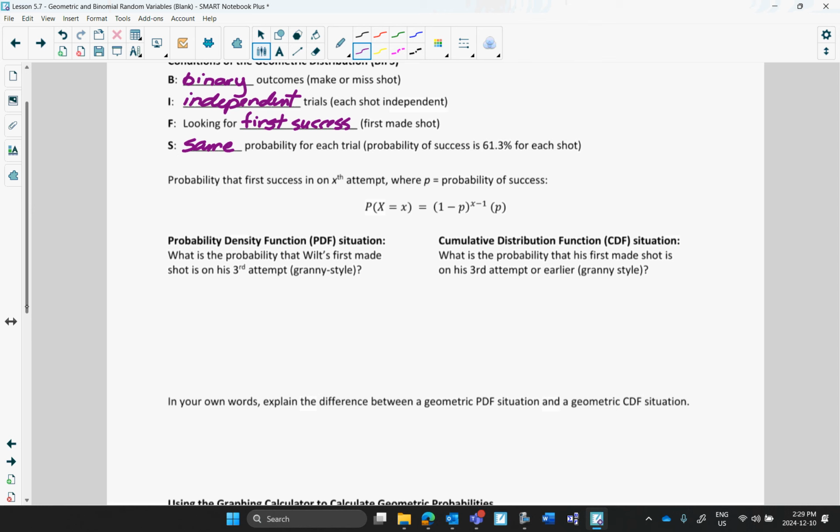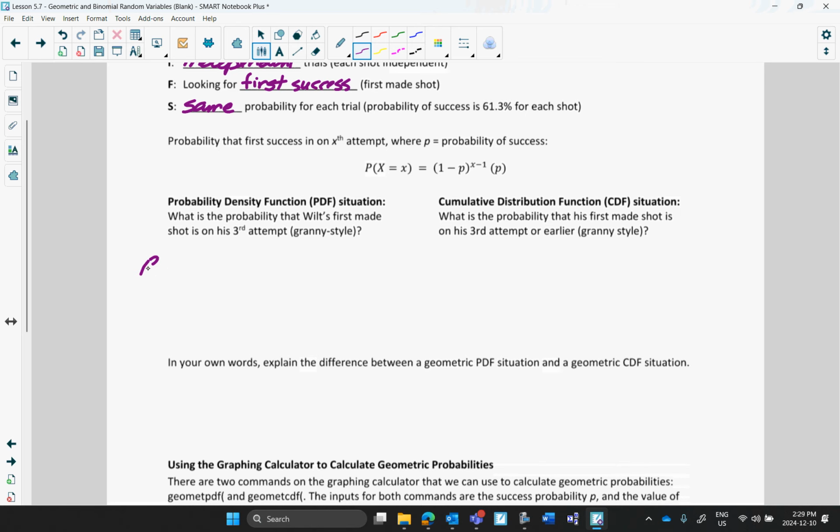So if we looked at that free throw again, and let's say I'm going to make it smaller just to make the numbers easier. The probability that he makes it on his third attempt, well, that means he doesn't make it on his first 2, 1 less. So 3 minus 1. And then he makes it on the attempt after that. That's what it looks like.